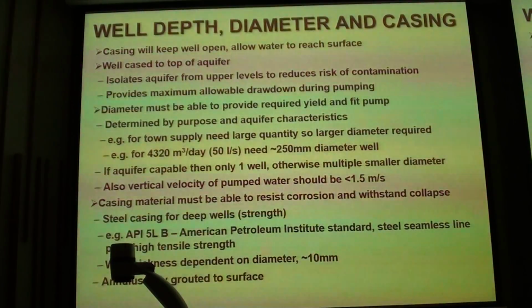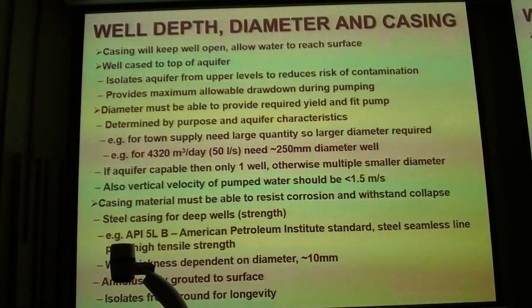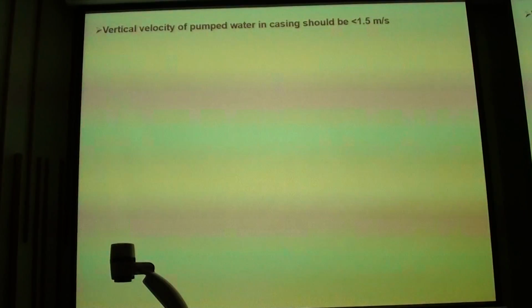Also, the annulus between the casing: because you put the casing into a big hole, there'll always be a gap between the outside of the casing and the hole. It gets fully cement grouted to the surface, which will cement the casing in place and seal it away from the ground, helping protect the casing and hopefully make things last a bit longer.